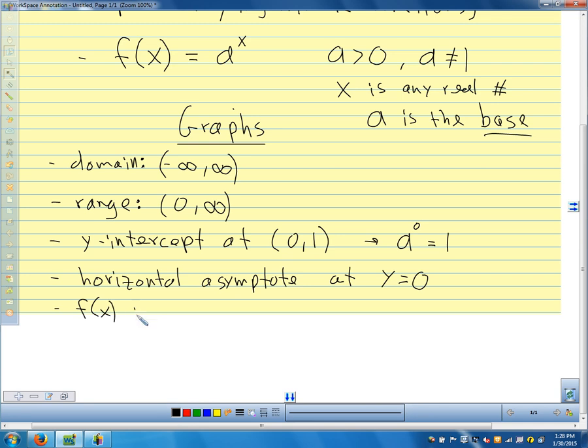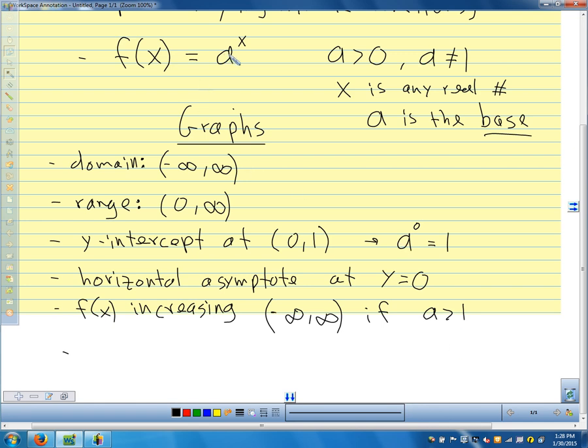Our function is increasing everywhere, from negative infinity to infinity, if a is greater than 1.